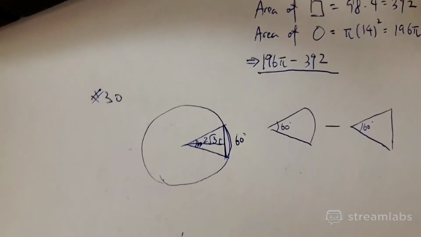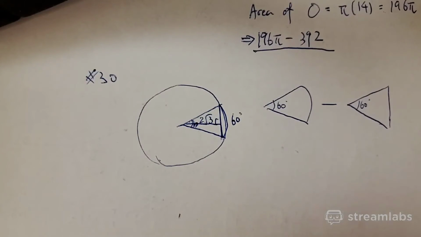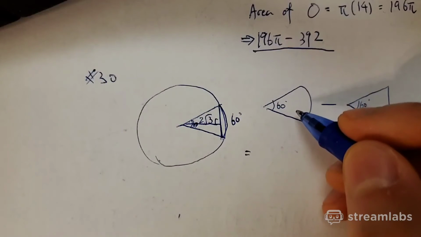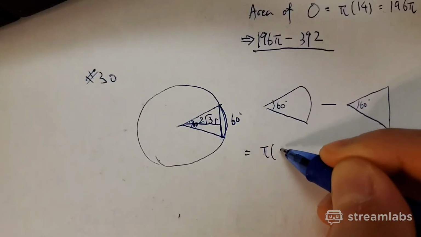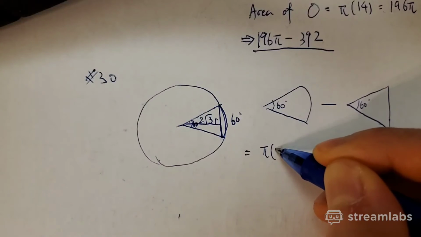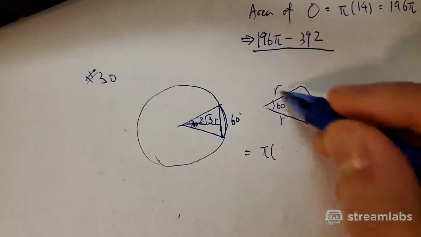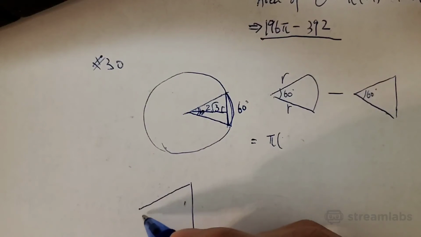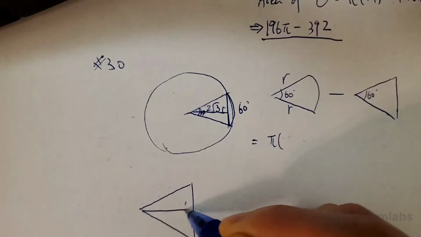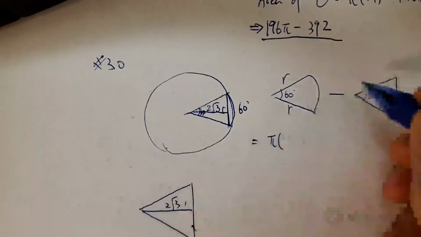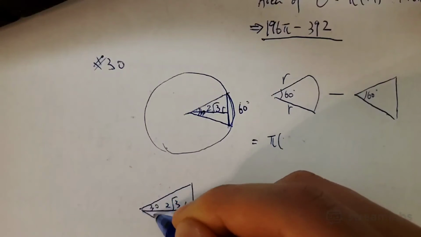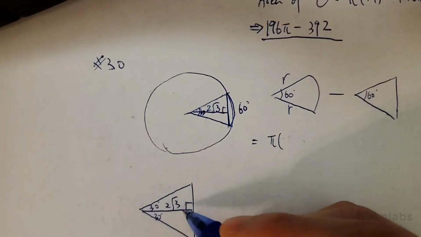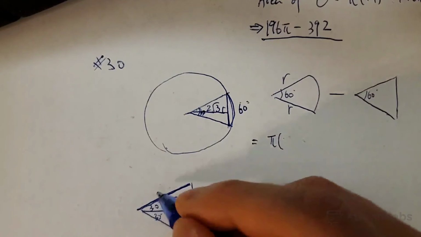The sector area will be the ratio, which is pi r squared, but I don't know r, so I need to find r first. Let's take out this part to see what r needs to be. This is 2√3. If you cut this in half, it's 30 degrees each. This will allow me to find the hypotenuse, r.